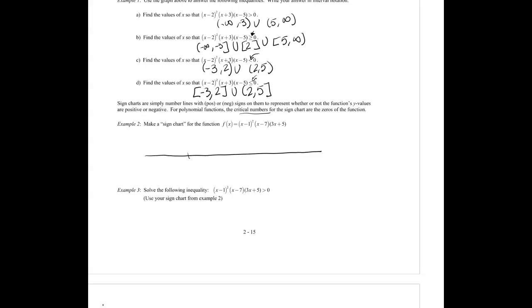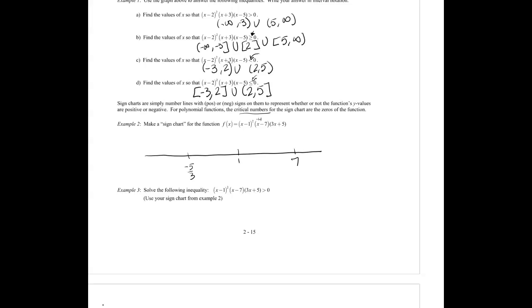So I've got -5/3, I've got 1, and I've got 7, and I'm going to see what's going on either side of those particular little bits. So I have to plug in a number that comes before and after each one of these numbers. So I've got, let's say, -4.